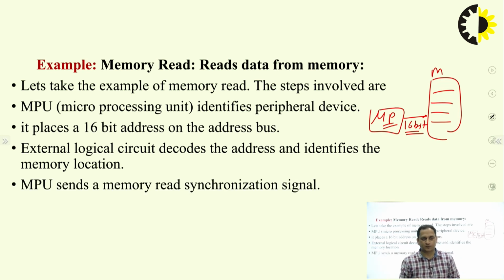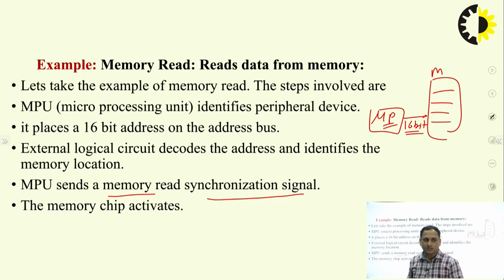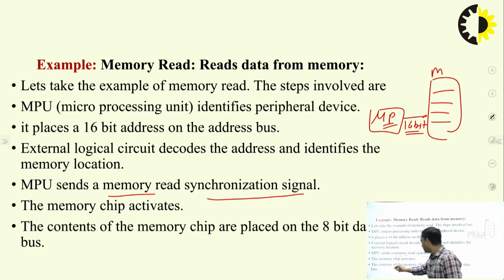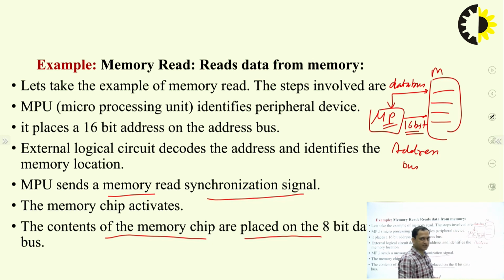Then the MPU sends a memory read operation. Memory read synchronization signals are used for that. The memory chip is activated, and then the contents of the memory chip are placed on the 8-bit data bus. The data bus is bidirectional, while the address bus is unidirectional; its direction is from MPU to memory.